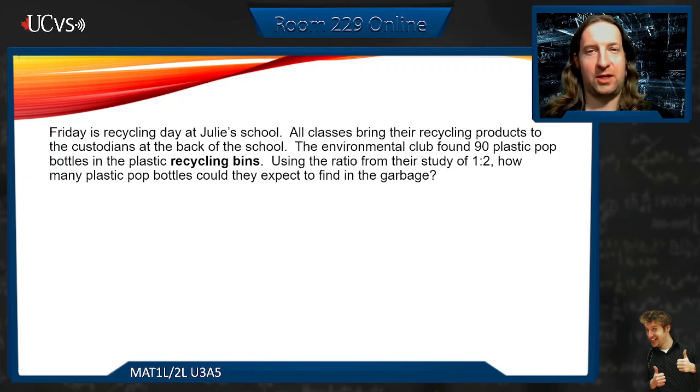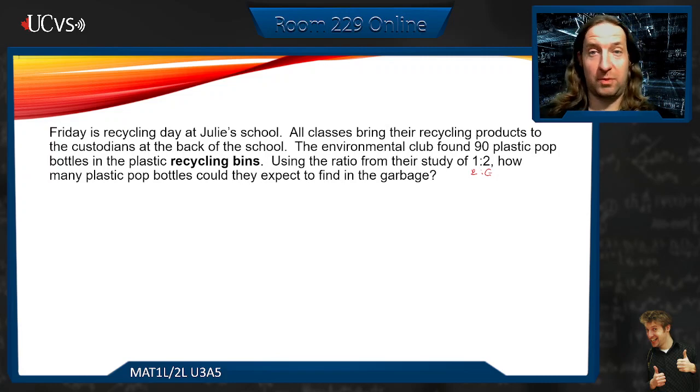Using the ratio from their study of 1 to 2, remember that was recycled as 1 and then 2 in the garbage, how many pop bottles could they expect to find in the garbage? For every 1 that they find in the recycling, they should find 2 in the garbage.